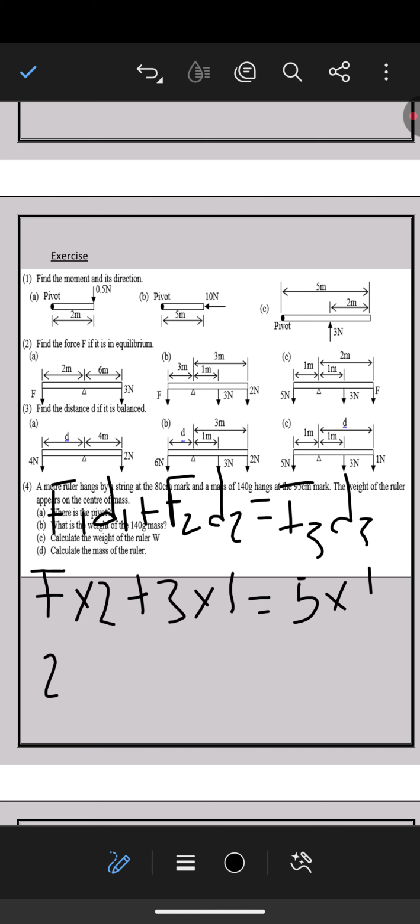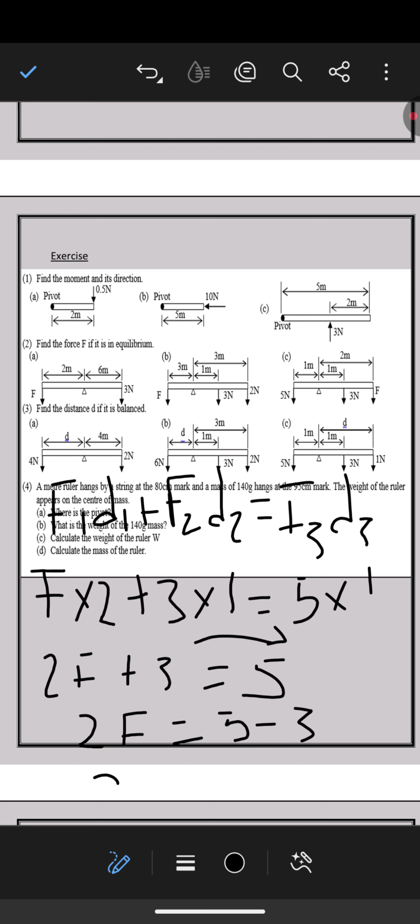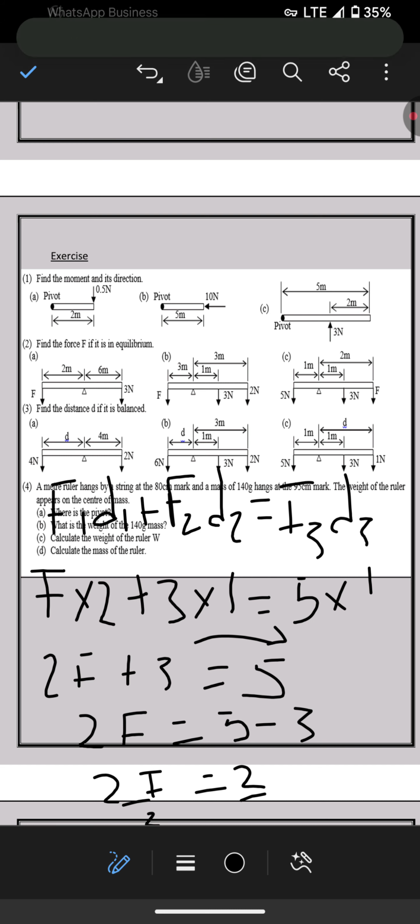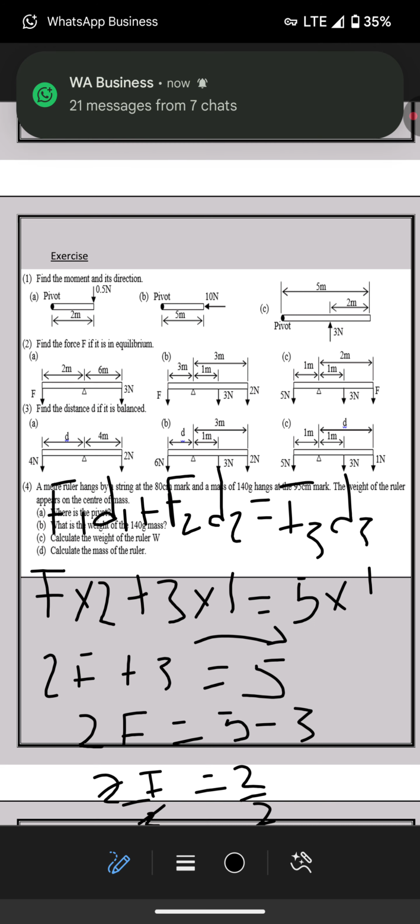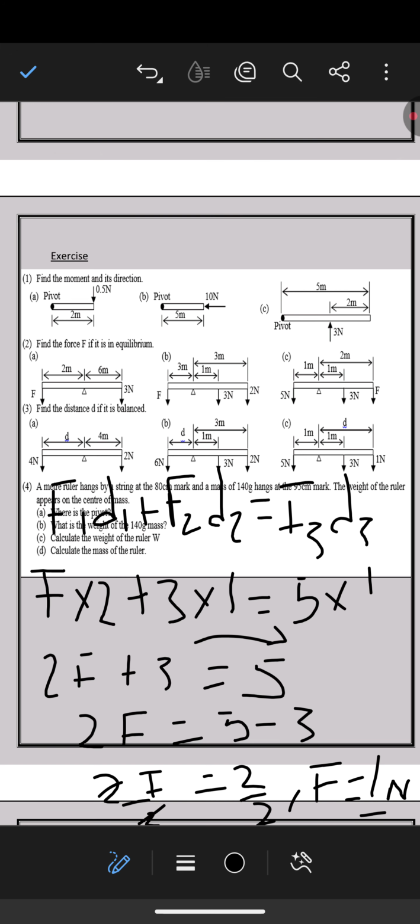So it's going to be 2F plus 3 equals 5 times 1, 5. The 3, you take it this side, it becomes 2F equals 5 minus 3. So 2F is going to be equal to 2. You can divide both sides by 2, and this and this cancels. So you're going to have F is equal to 1 Newton.